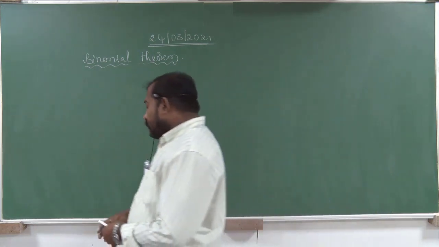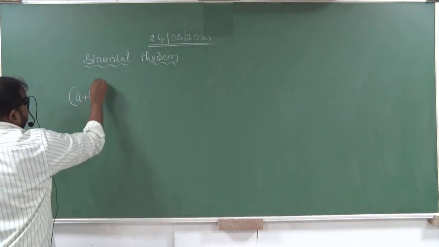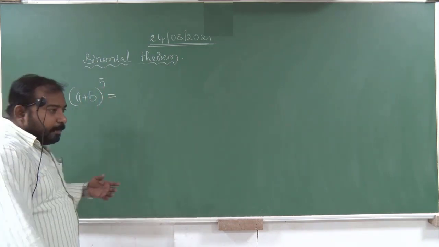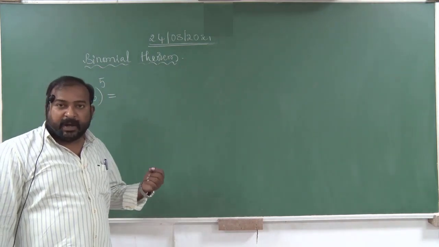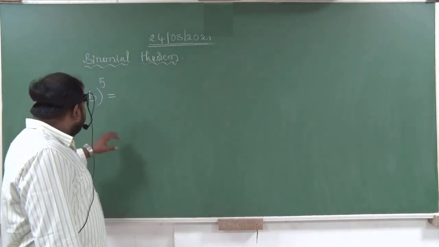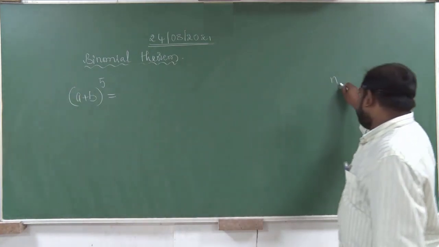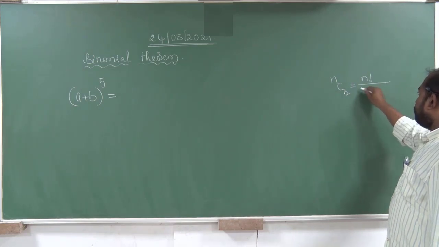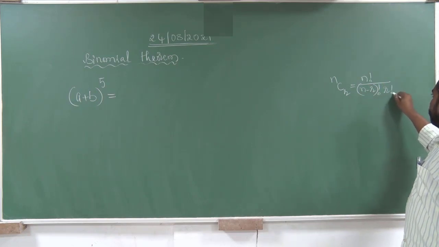Now listen. For example, if I give (a plus b) whole power 5, of course, the Pascal triangle method is one method. Without using that Pascal triangle method, directly with the formula, what is the nCr formula? nCr is equal to n factorial by (n minus r) factorial into r factorial.